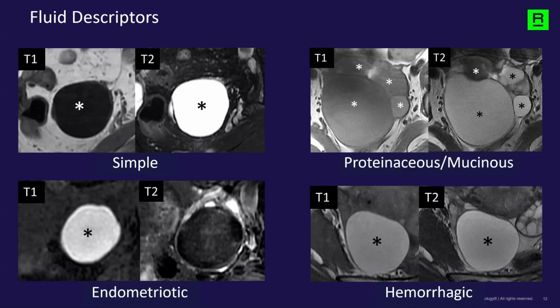And you may ask yourself, what is the difference between an endometrioma containing blood products and hemorrhagic fluid? Since there are blood products of varying age within endometriomas, it is the presence of hemosiderin that contributes to T2 shading, and this T2 shading may help differentiate endometriomas from hemorrhagic fluid.